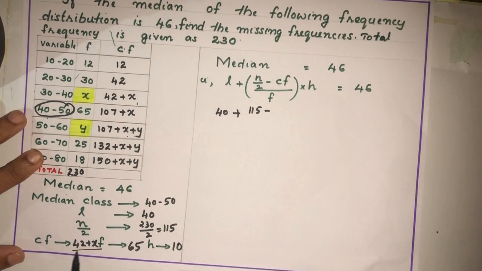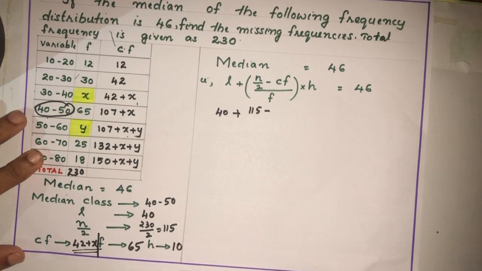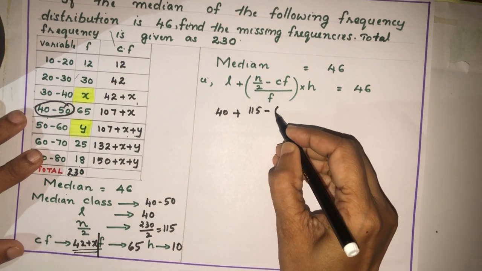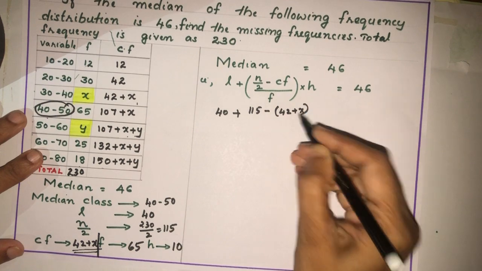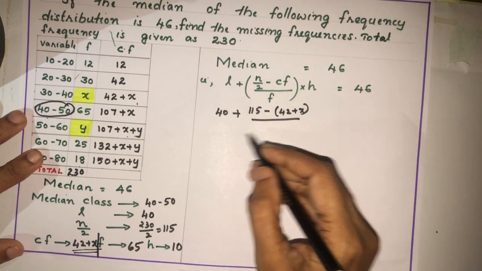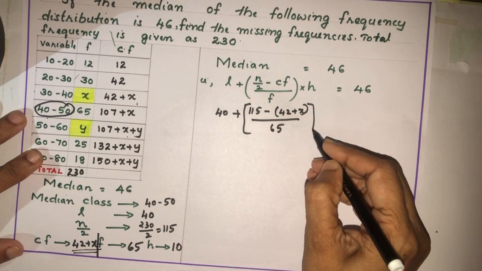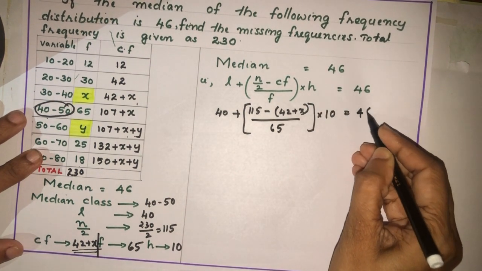CF is 42 plus x. So we have two terms, and here we have minus sign. So we have to write inside the bracket first 42 plus x by f is 65, the whole multiplied by h is 10 equal to 46.